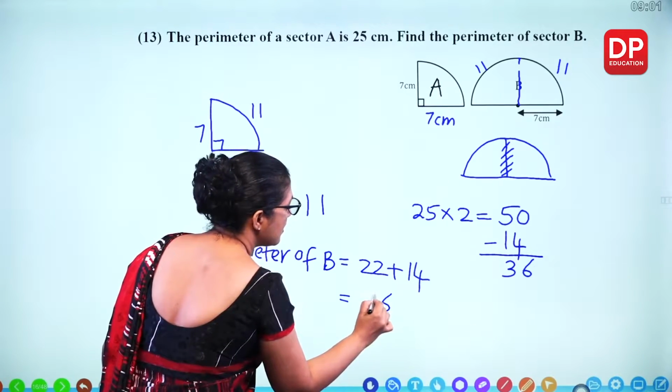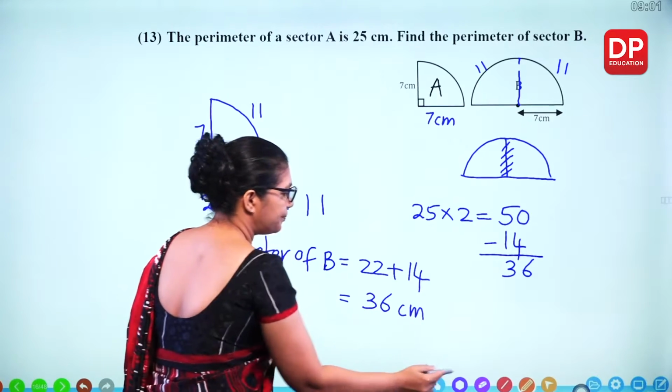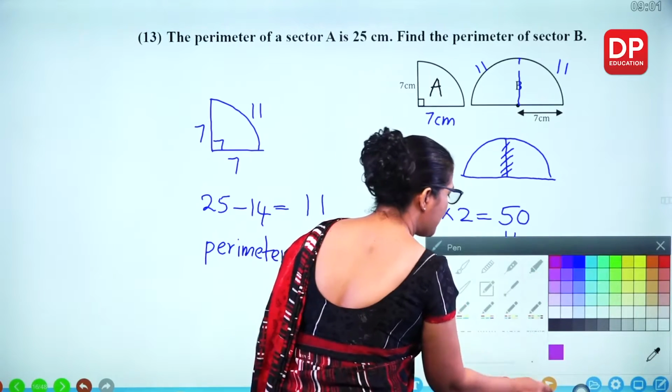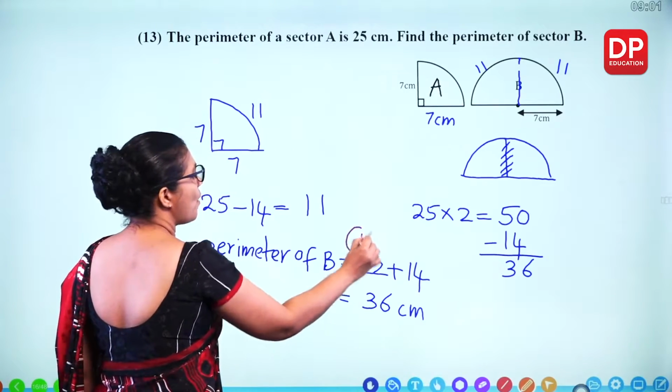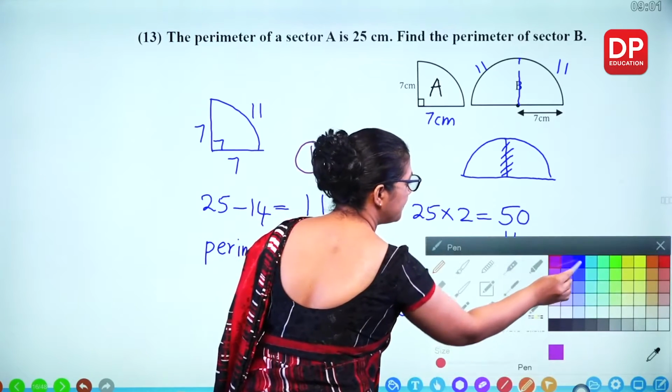You get 36 centimeters. So you can use any method. 1 mark and 1 mark for the method.